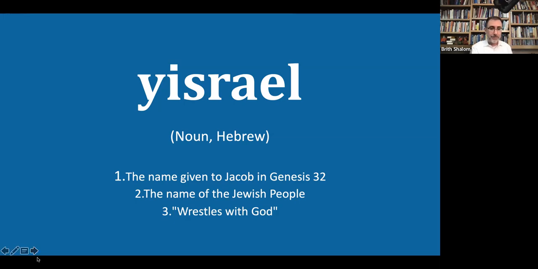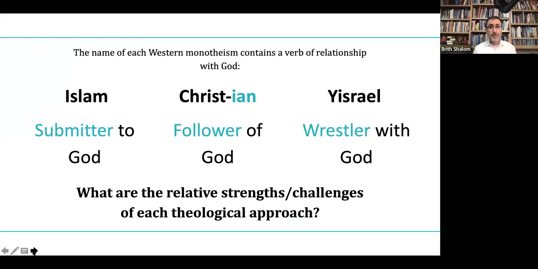And so we can compare faiths, right? Here are the 3 major faiths that we deal with a lot. There are a lot of other ones, but in Islam, the goal is to submit to God.